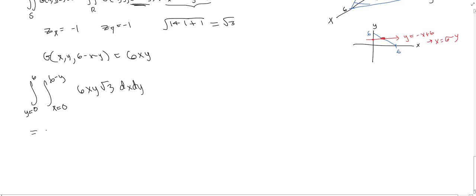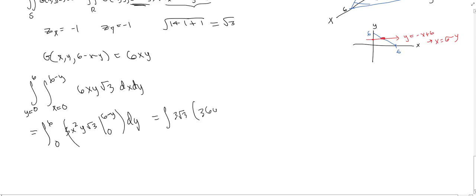Let's go ahead and just integrate real quick. So our inside integral is going to become 3x squared y square root 3, evaluated from 0 to 6 minus y. And then if we simplify that and plug in our limits, we're going to get 3 square root 3 times 36y minus 12y squared plus y cubed.